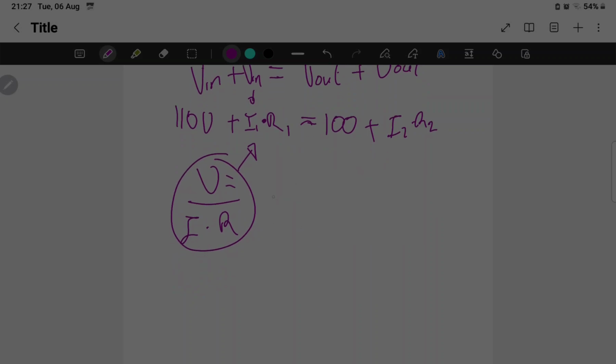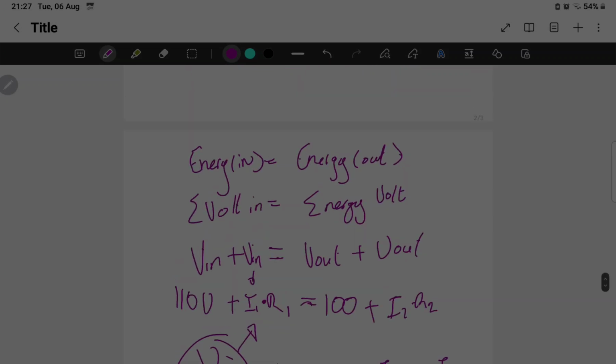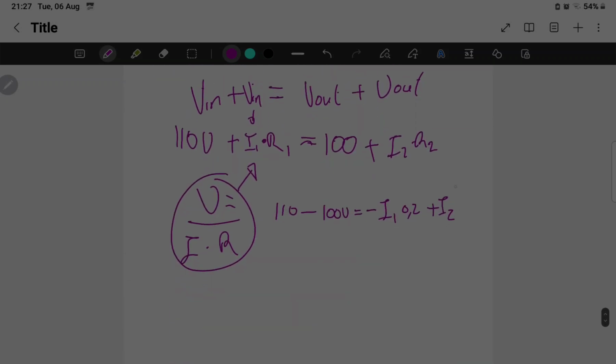We're going to have 110 minus, we're going to take the 100 over, minus 100 volts is equal to I1 multiplied by the internal resistance of 0.2. We take it over, equals negative I1 0.2 plus I2 0.25.